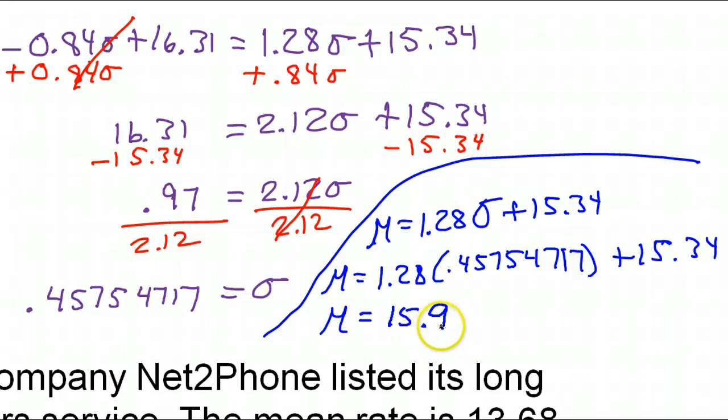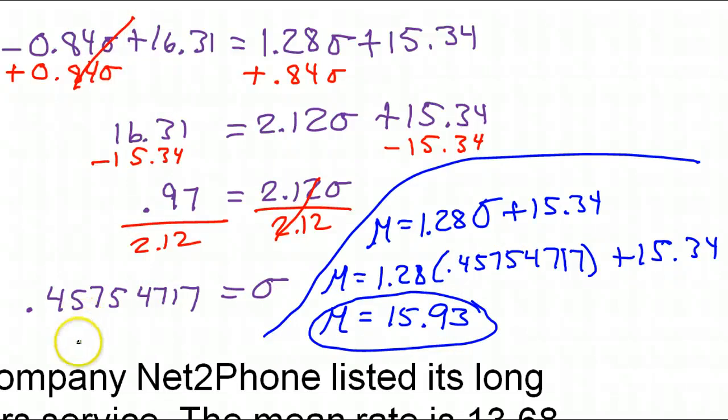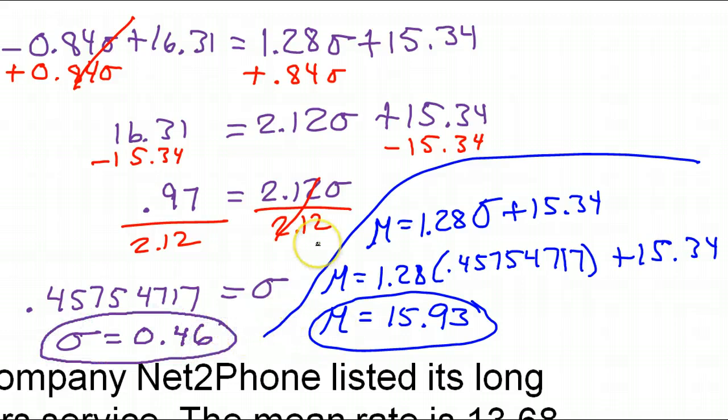But since this is the final answer, I am going to go ahead and round this now. So a mean of 15.93, and a standard deviation of 0.46. Man, that was a long and difficult problem. I'm not feeling that one. But hey, we got to do what we got to do.